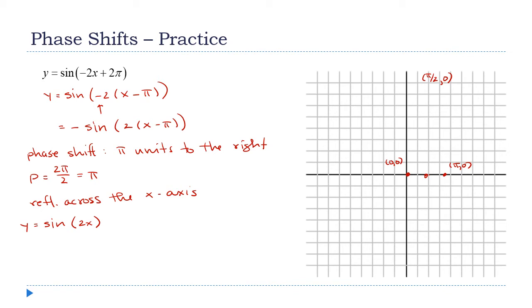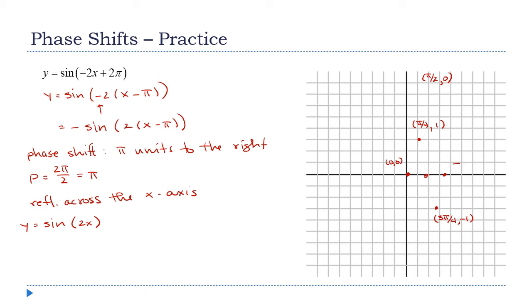Because those are the ones that I really like to track on. It's going to be halfway in here. So this is going to be (pi over 4, 1). And then it's going to be down here. This will be (3 pi over 4, negative 1).